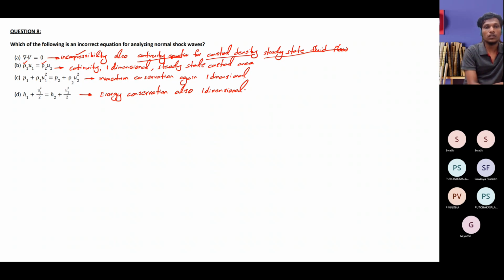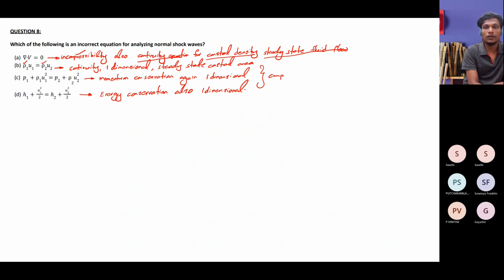When we see that all these options B, C, and D are applicable for both compressible and incompressible flows. Whereas option A is only applicable for incompressibility. It is clearly the equation for the incompressibility of the fluid.